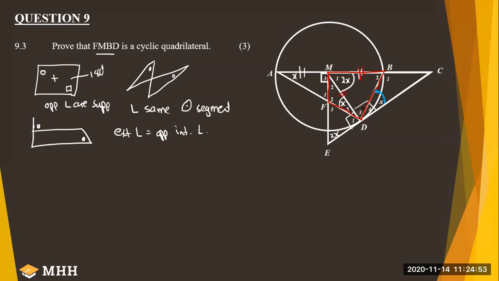That side and that side are equal. So we also know that D3 is also going to be equal to B2. Okay, the easiest one that I'm seeing here. Does someone see it immediately?